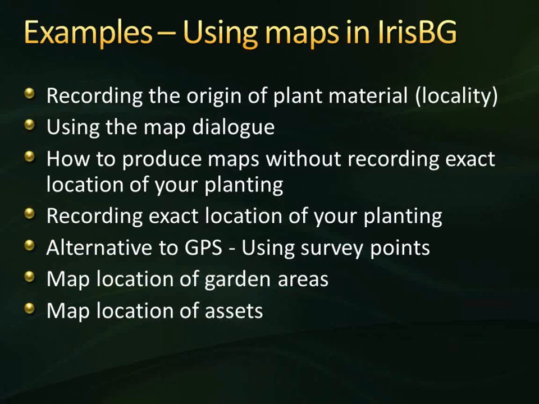We're going to talk about how to produce maps without recording the exact location of our plant. That is a unique feature in Iris as far as we know. And we will also go on to recording exact location. Then we'll talk about an alternative approach to using GPS, which is a great feature in Iris, the possibility to use something called a coordinate calculator.